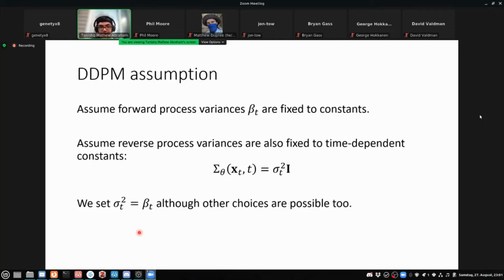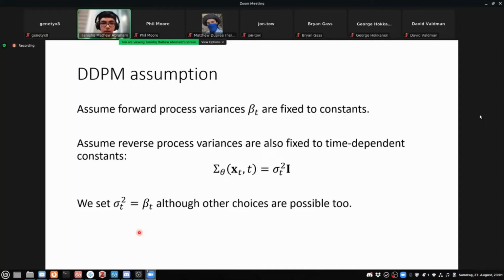Technically, you could have the reverse process have variances that are functions, again a neural network, and there are some models that indeed do that. But for DDPM, they just fix it to a time-dependent constant. In fact, they fix it to the same variance as in the forward process. So that's the main assumption with DDPM.